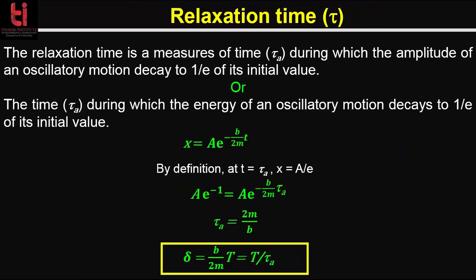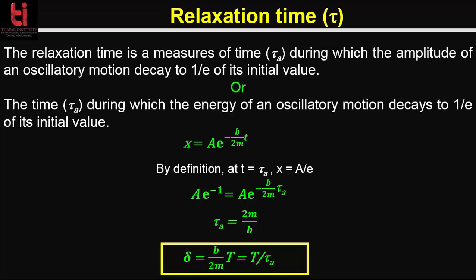Another important term is relaxation time. The relaxation time is a measure of the time during which the amplitude of an oscillatory motion decays to 1 by e of its initial value. We express this relaxation time by tau, or we can say it is the time during which the energy of an oscillatory motion decays to 1 by e of its initial value.